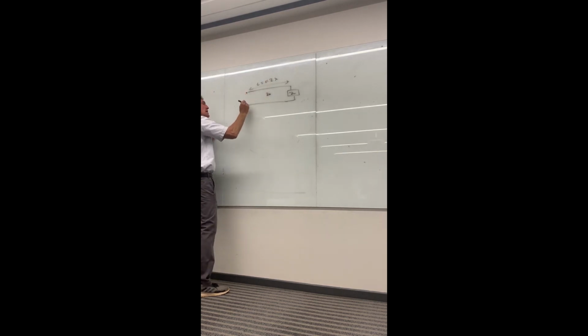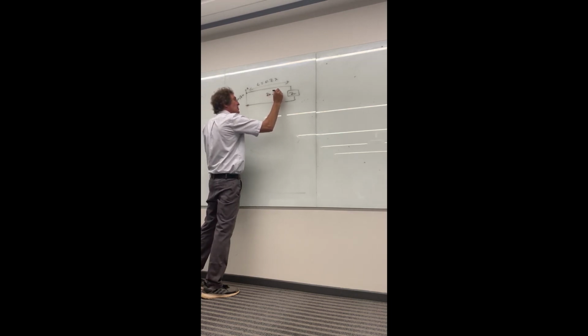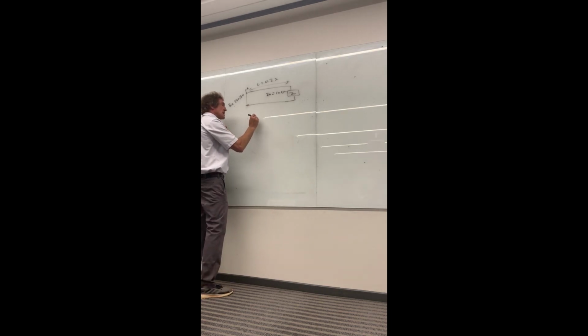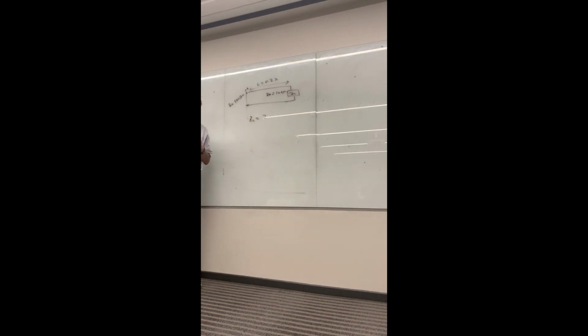And I'm going to say here I have Zn equal to, say, 50 plus j30. All right, so I'm giving you the input impedance. I'm not giving you ZL. And I'm going to say the characteristic impedance is going to be 100 ohms. So here's my question. First question is, I want to know the value of ZL. Are you with me?